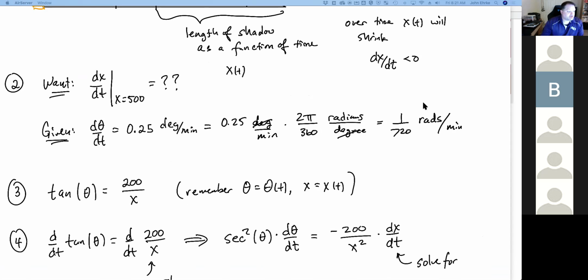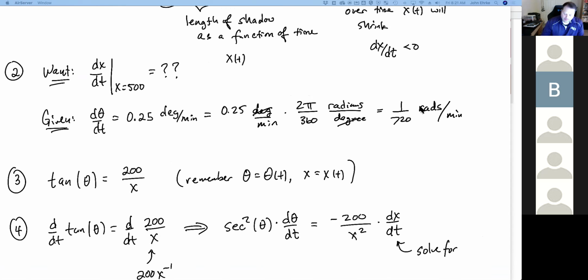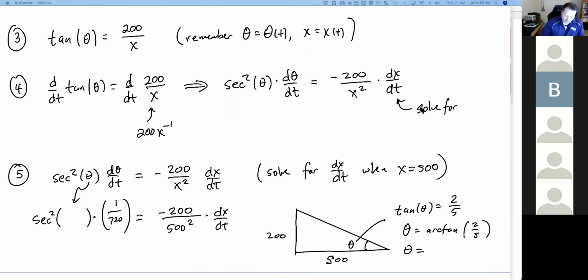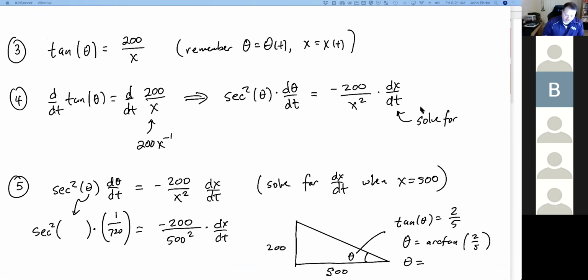It's defined in terms of the radian measure of the angle, not in terms of the degree measure of the angle. So I mentioned that in the video on Wednesday, but I just forgot to do that here. So make sure that you jot that down in your notes, that this angle must be in terms of radians per minute or radians per second, whatever the time is. The time doesn't matter, but the angle measure should be in terms of radians.